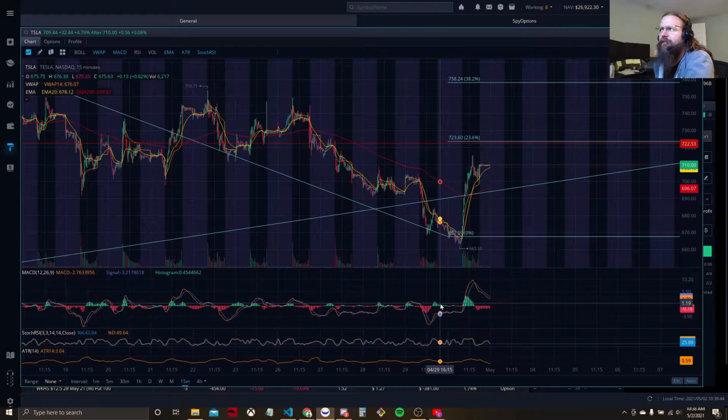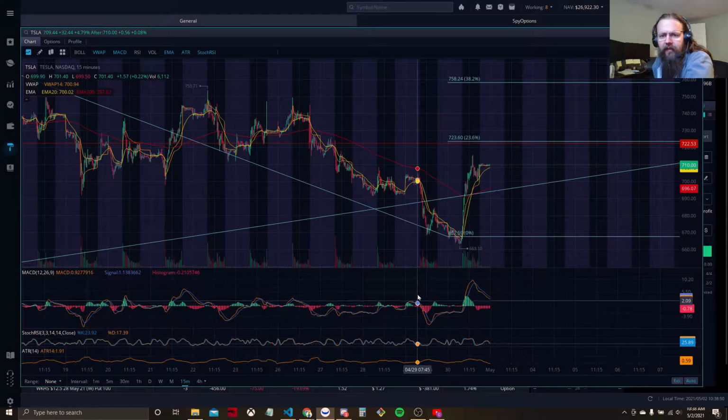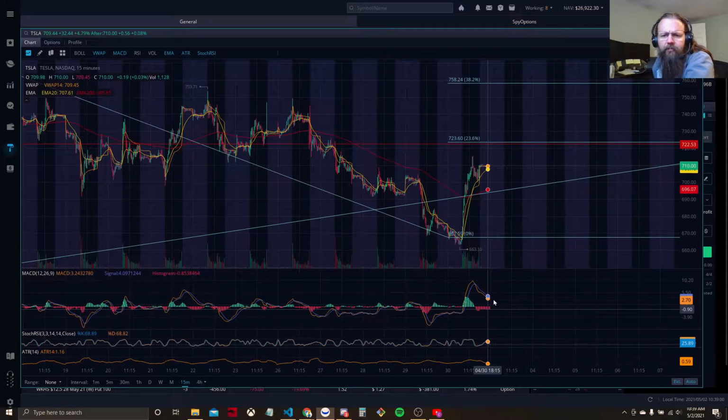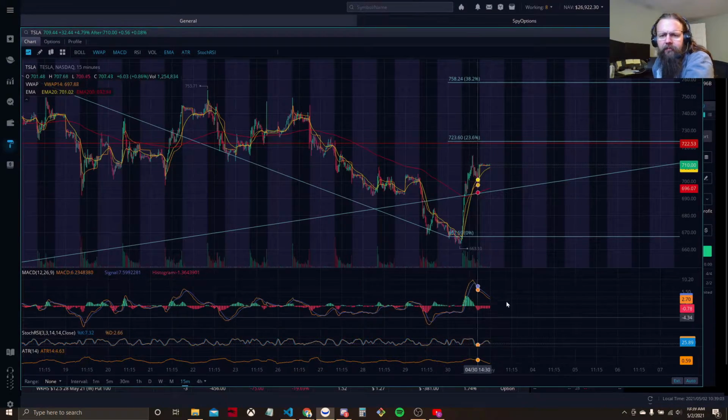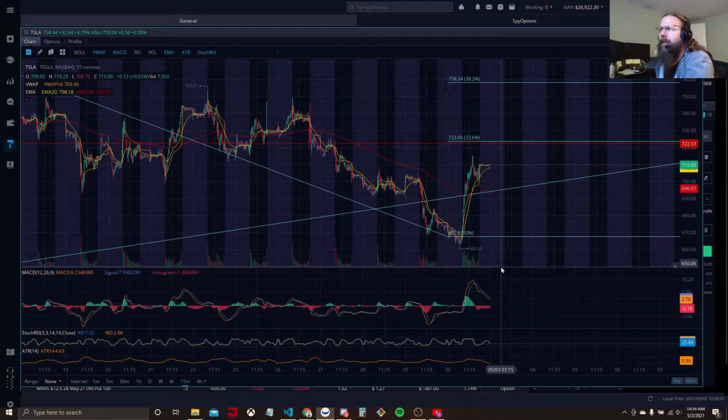MACD, moving average convergence divergence, highly respected indicator. Can act as an oscillator as well. It can help you determine entry signals, exit signals, above and below the zero line. Do some more research on that.